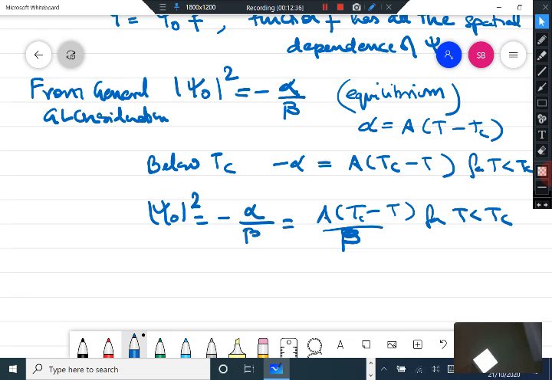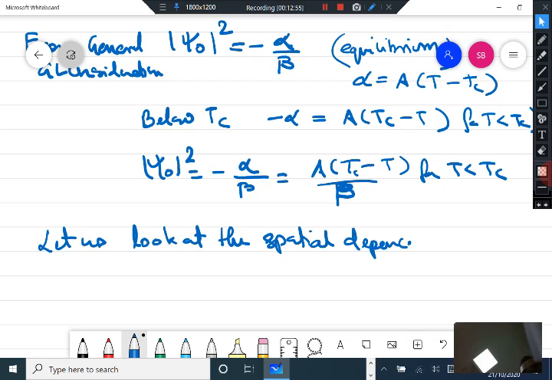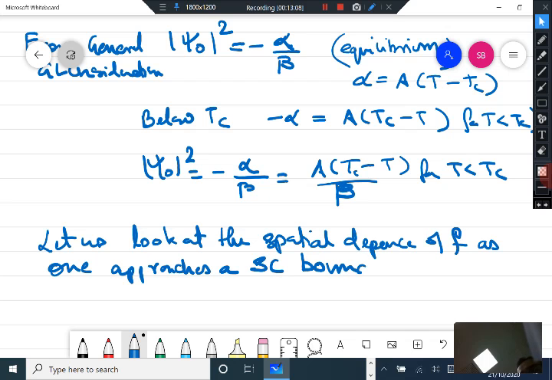Okay, now let us look at the spatial dependence of psi, the spatial dependence of f, as one approaches a superconducting boundary.